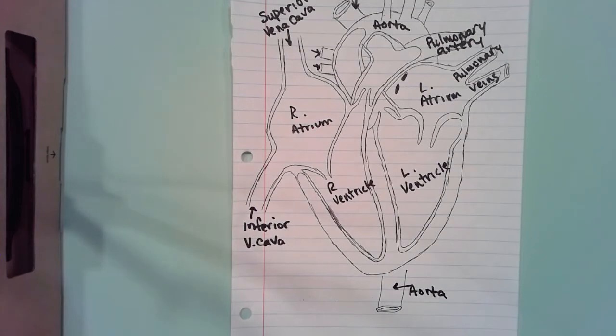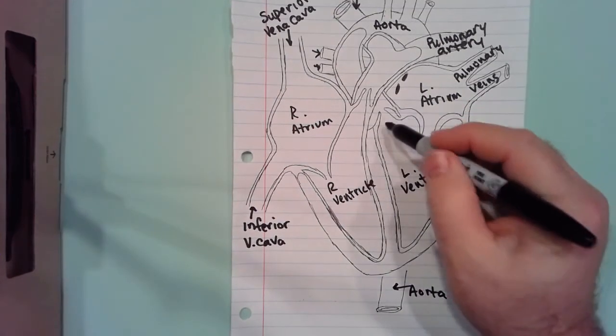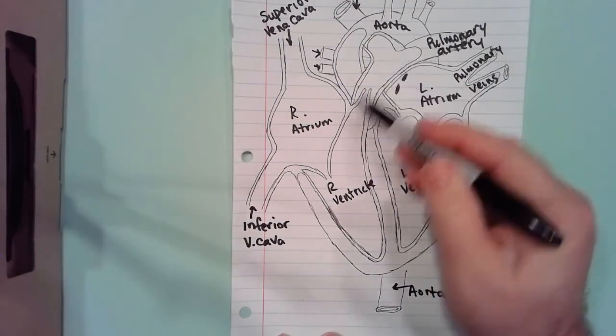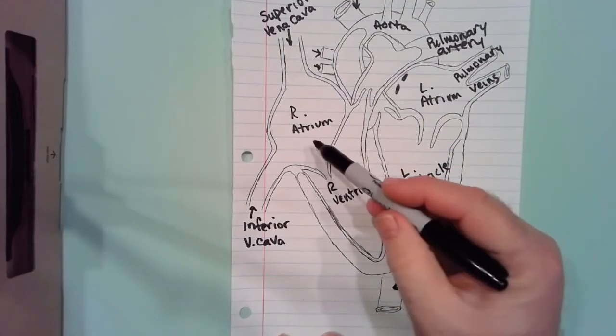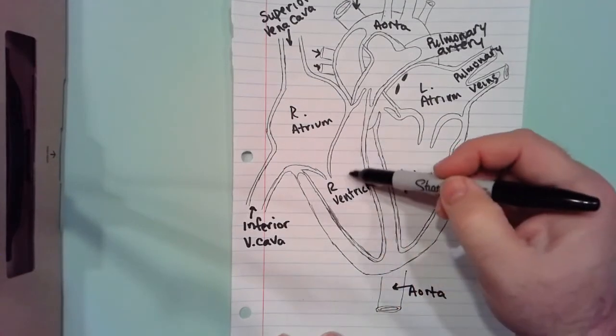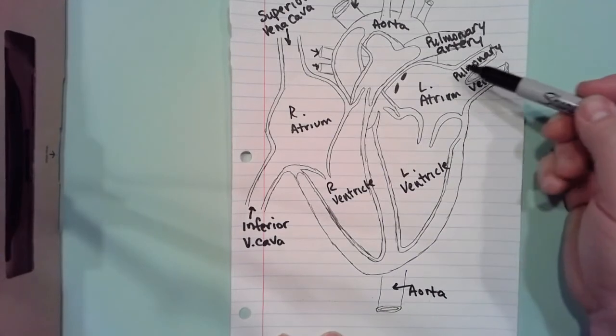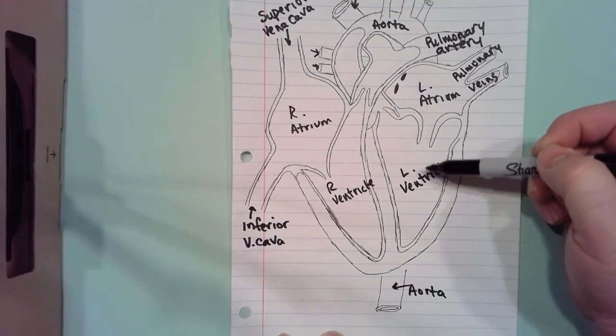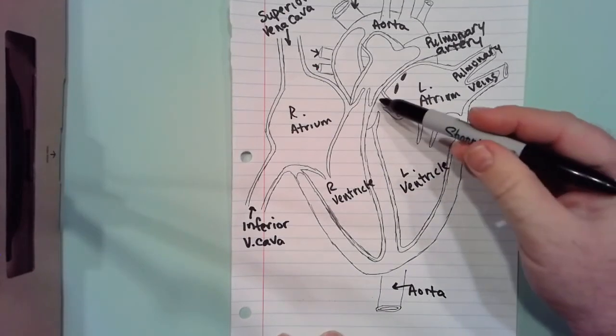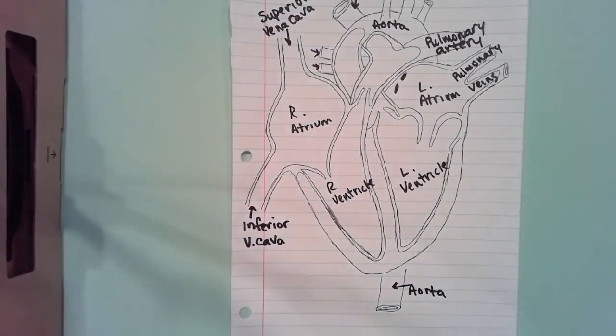Okay, that about covers the anatomy. Again, we've got the valves here between. There's a valve between the right atrium and ventricle, one between the right ventricle and the pulmonary artery, one between the left atrium and left ventricle, one between the left ventricle and the aorta. So that should take care of our heart anatomy.